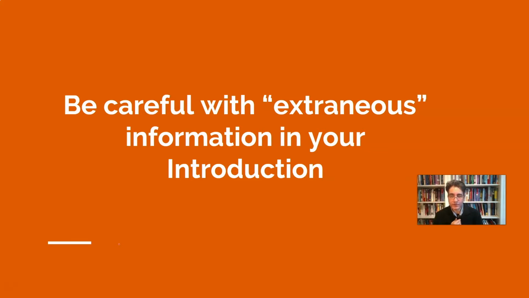And just like a Pikachu hat that I put on, extraneous information can distract and lead the attention of the reader down a garden path that will just muddle your point in the text.